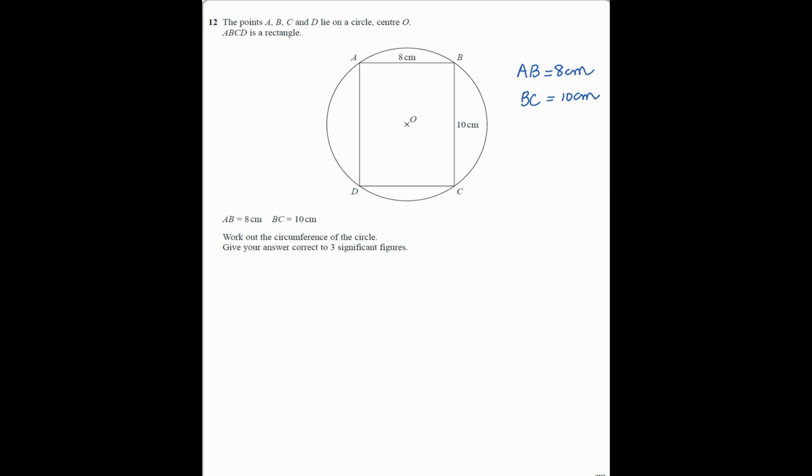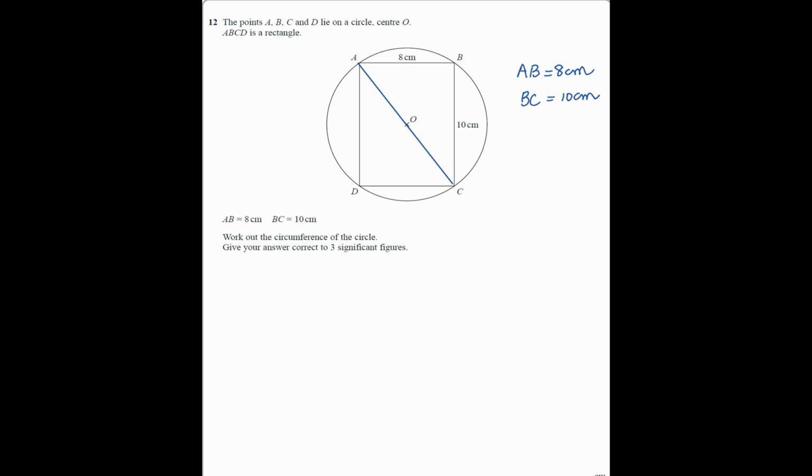Now remember, when a rectangle is inside a circle like this, its diagonal is actually the diameter of the circle. So if we make the diameter from A to C, that's a diameter because it is passing through the center of the circle. Now, step 2 is finding the diagonal using Pythagoras. So, time to unleash the Pythagorean theorem. If we know two sides of the rectangle, we can find the diagonal.